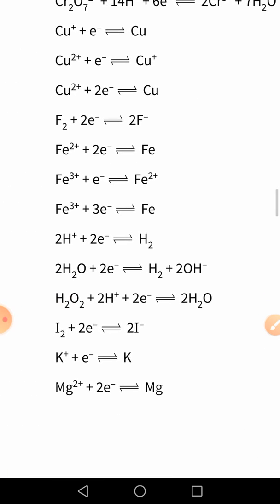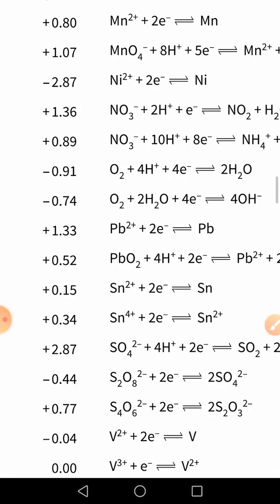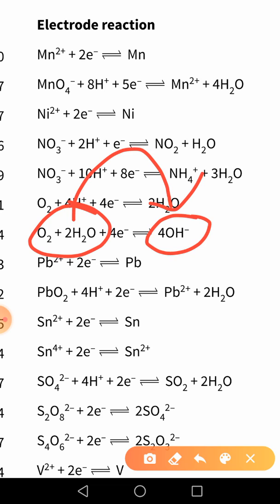Okay, what about hydroxide? Do you think it will get neutralized? Let's see. Let's find hydroxide and a neutral form. Here I have hydroxide with some neutral substance on the opposite side of the equation. Look, here to here it is reduction, and here to here it is oxidation.